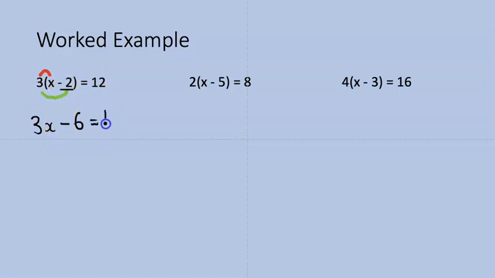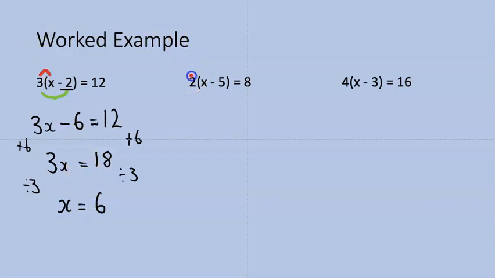That gives me 12. And then I solve it like a 2-step equation. I add on the 6. 3x gives me 18. Divide both sides by 3. x is 6.